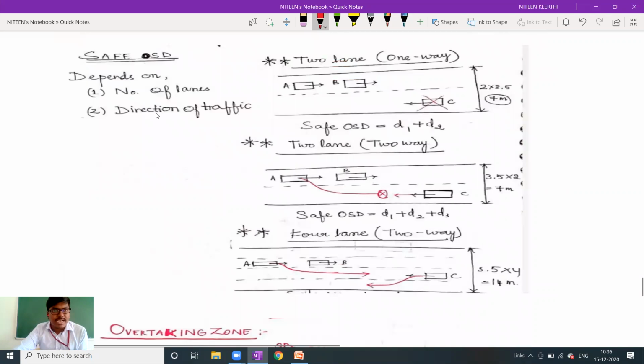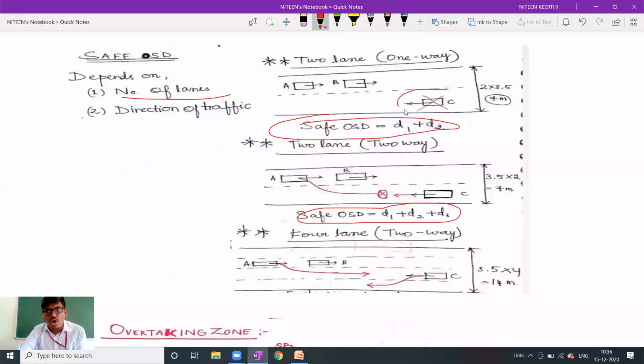Safe overtaking sight distance mainly depends upon the number of lanes. As already mentioned, for 2 lanes with two-way traffic, you take safe OSD as D1 plus D2 plus D3. For 2 lanes with one-way traffic, you take D1 plus D2, meaning there will be no opposite vehicle coming.